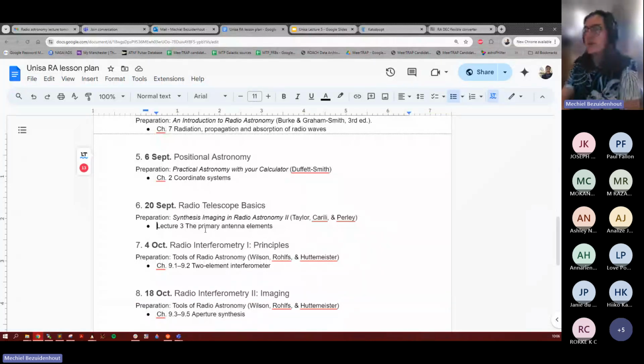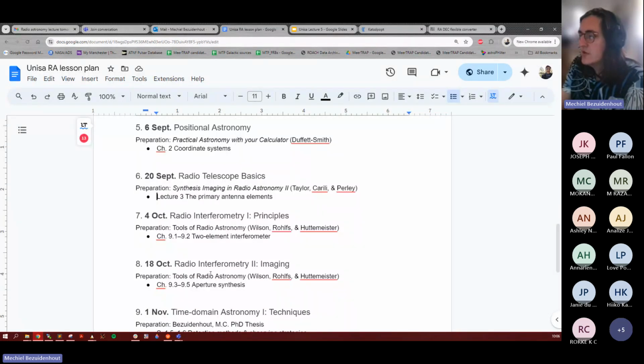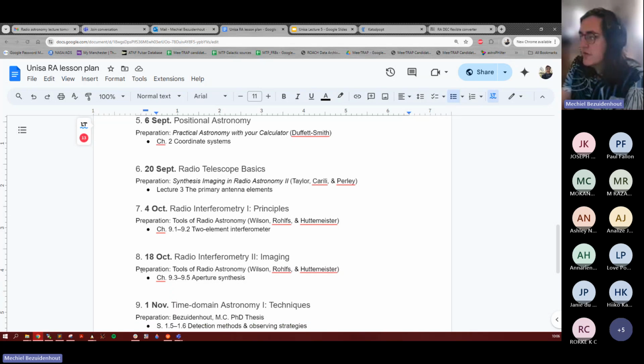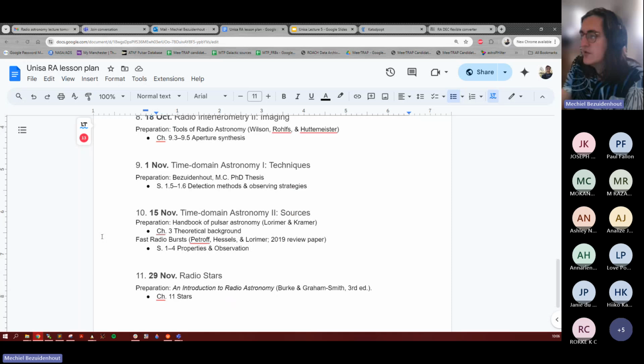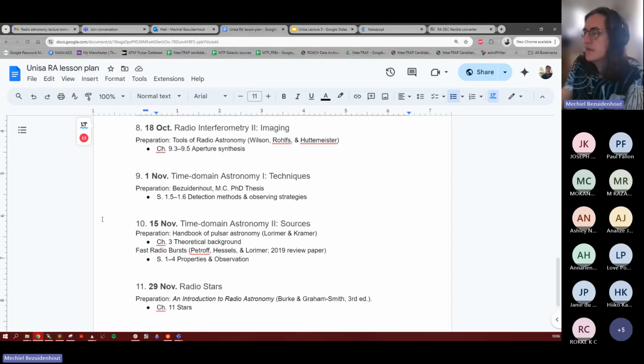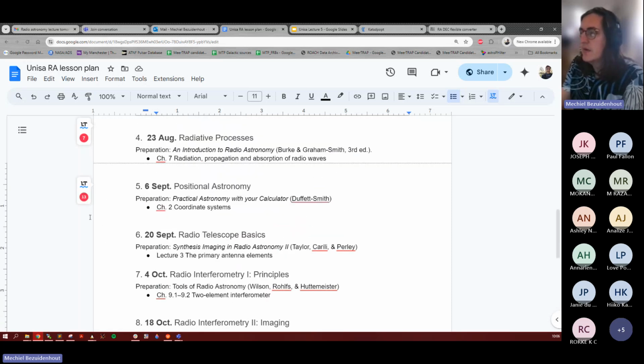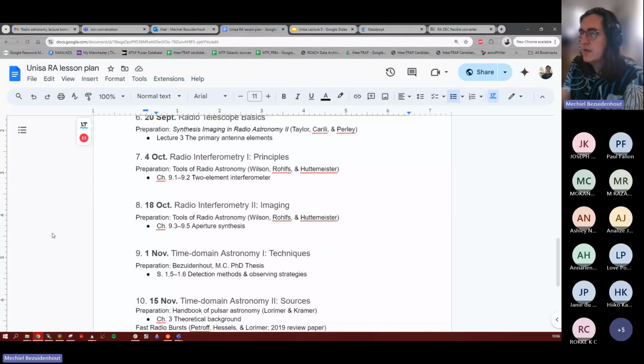So we're getting back into the nitty-gritty of how a radio telescope actually works, how it does its measurements, and the different components that make up a radio telescope. And then after that, we have two lectures on radio interferometry, then time domain astronomy, two lectures, and then one final one on radio stars. So yeah, we're about halfway through the schedule.